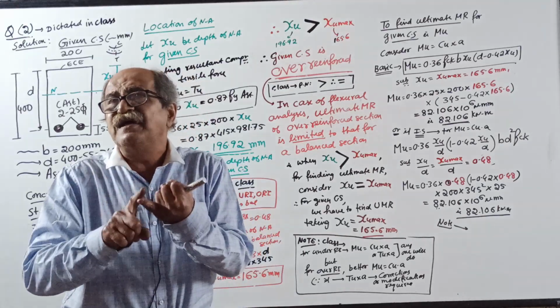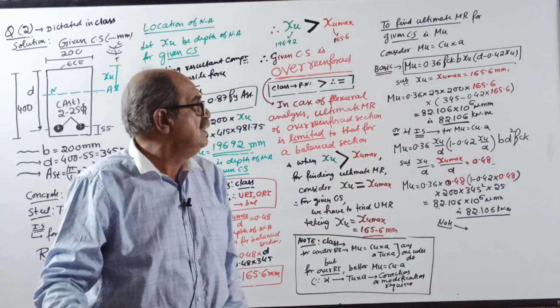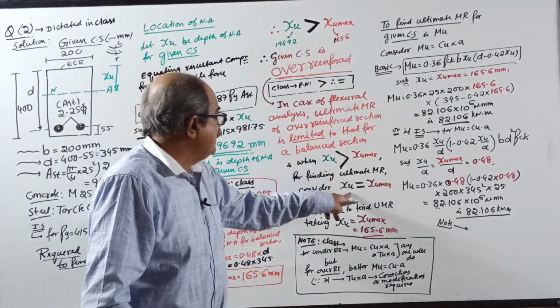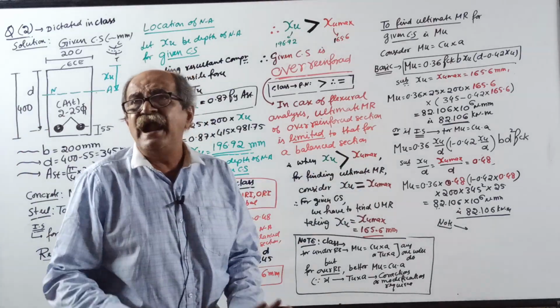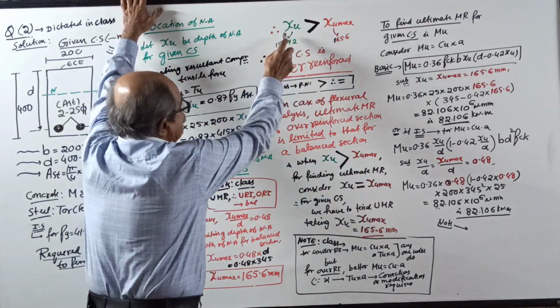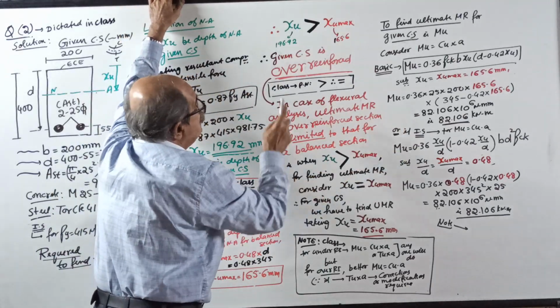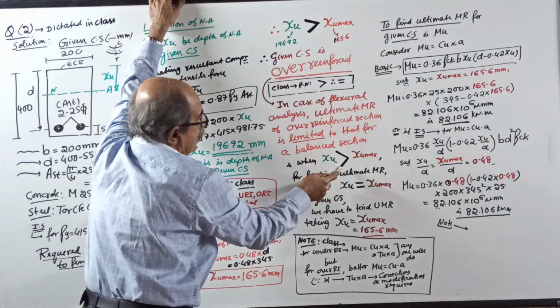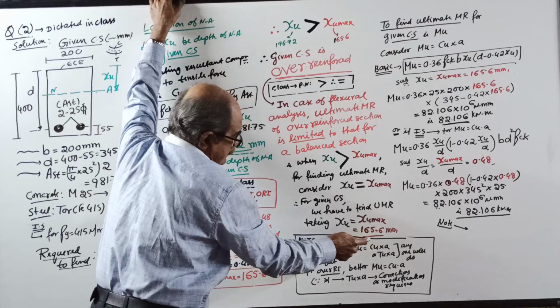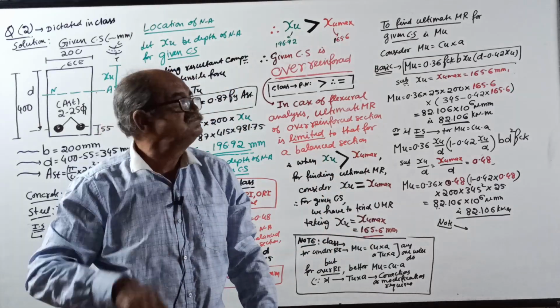Extra steel provided and extra strength you are getting are not considered. Consider XU equal to XU max and proceed further. So now onwards, this calculated XU gets cancelled. Wherever XU comes now, you have to limit it to how much? 165.6 millimeter.